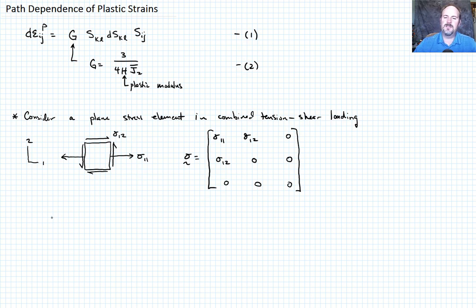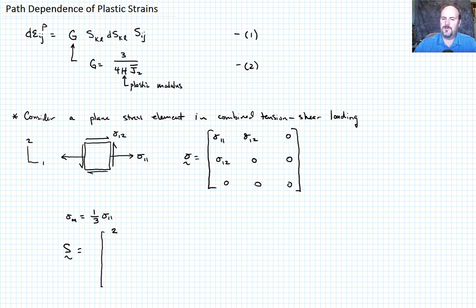What that also means is that we could write the hydrostatic component of stress as sigma m, which is equal to 1/3 of the trace. The trace is just sigma 1,1, so it's just 1/3 sigma 1,1. That lets us also write the deviatoric stress in this case as the stress tensor minus the hydrostatic component.